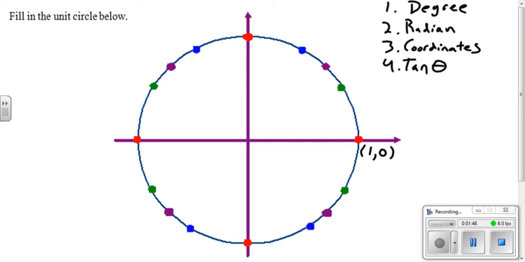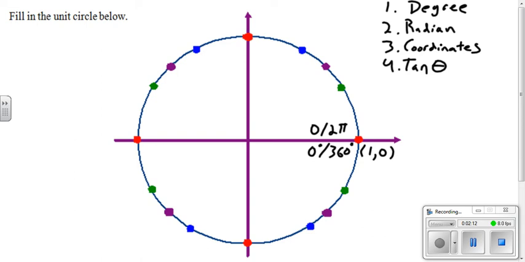So we can either say that it is 0 degrees, or it would be 360 degrees if we go all the way around. So the degrees would be 0 or 360. You can pick which one you want. The radians then, if we wanted to convert, would either be 0 or 2 pi. Either one works in this case.